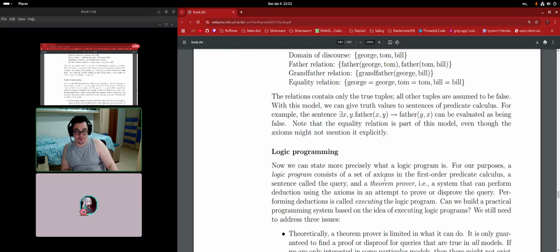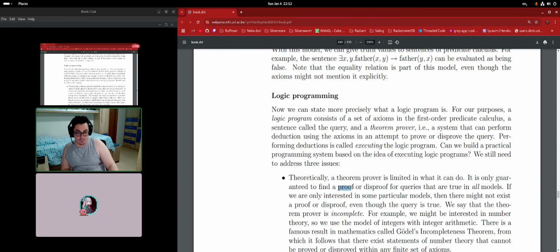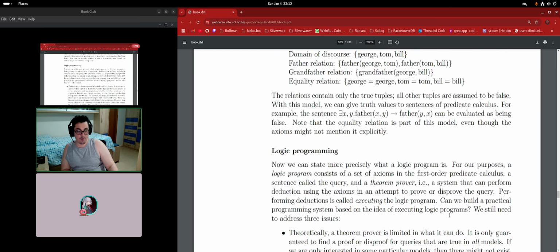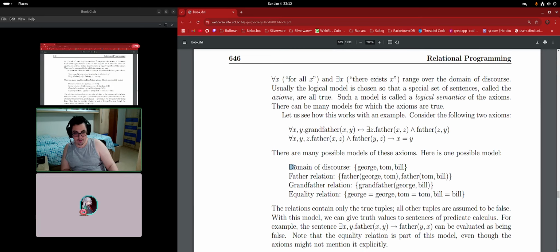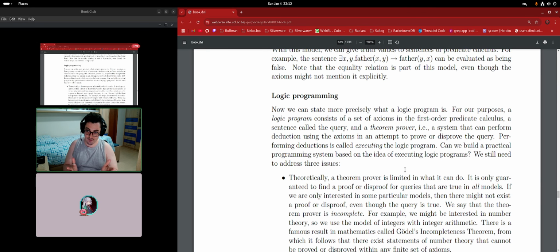So we can only prove or disprove queries that are true for all possible models. That is a limitation, because maybe you only care about a particular model and not any of the other ones.